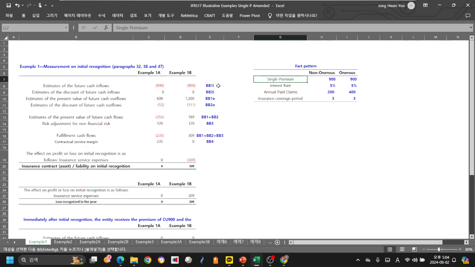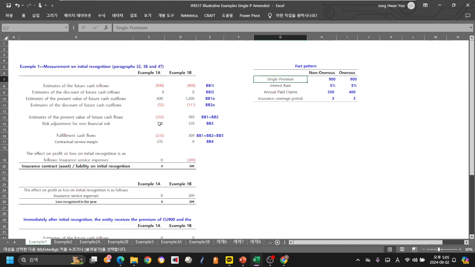For initial recognition, I just decomposed the different sides: building block 1 cash inflow, building block 1 outflow, building block 2 inflow, building block 2 outflow. As you see, you can come up with a very simple calculation based on it. It's just discounted building block 2 outflow, and building block 2 inflow is because we paid a single premium, so no value in it.